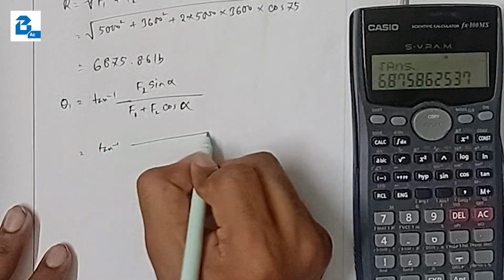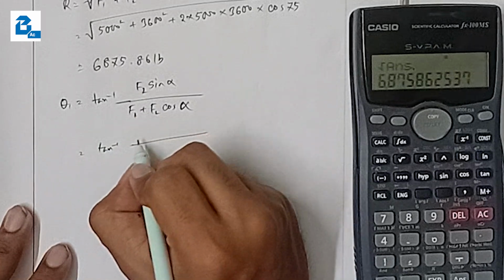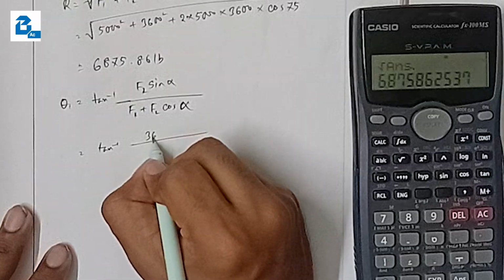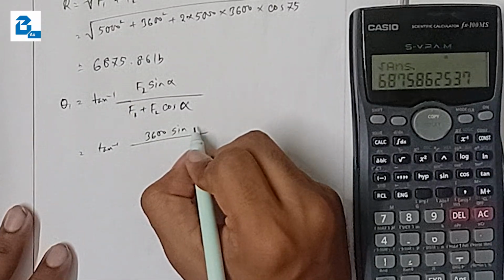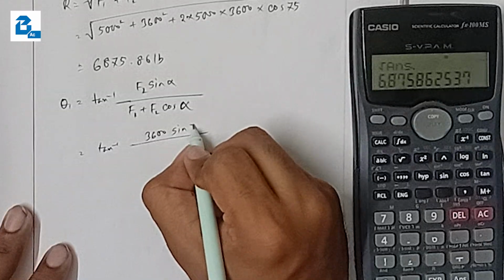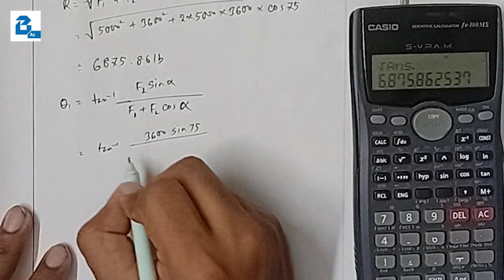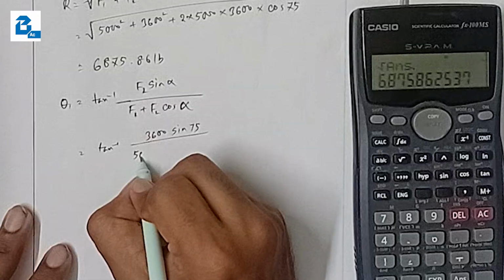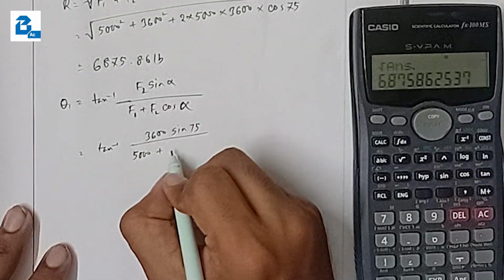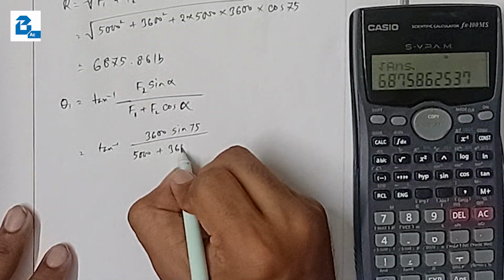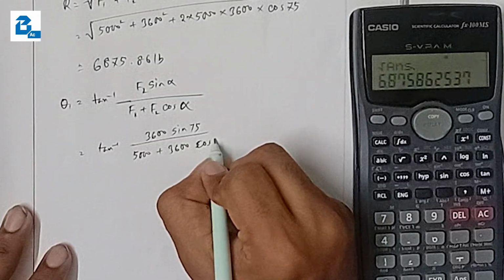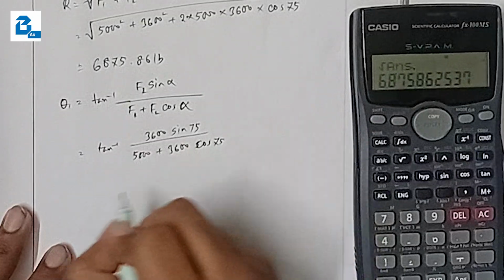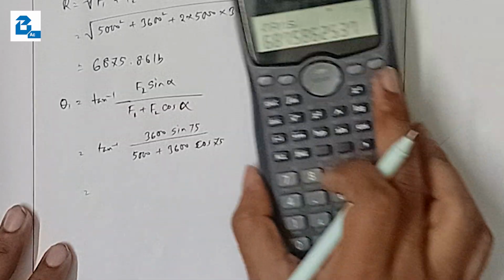Then we will get F2, which was 3600, sine 75 degree divided by 5000 plus 3600 cos 75 degree.